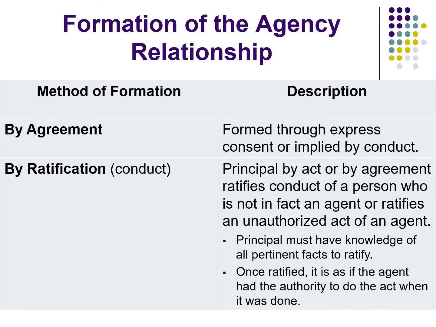I hire you to be the manager of the store. Part of your job duties is running the store appropriately, and as a result, in order to execute your job duty as manager, it entails having the authority to enter into certain types of contracts. That would be by conduct.